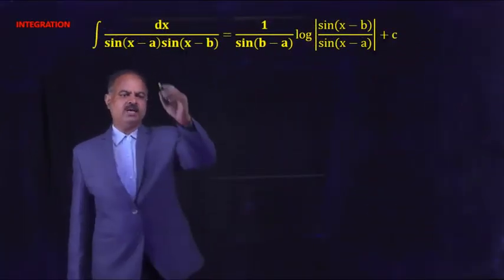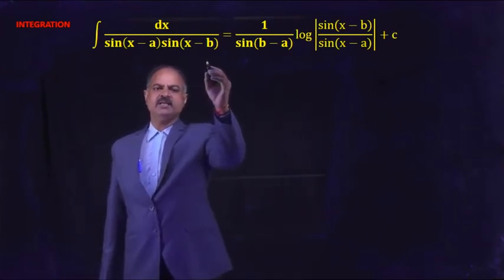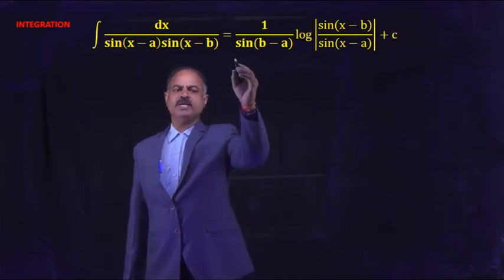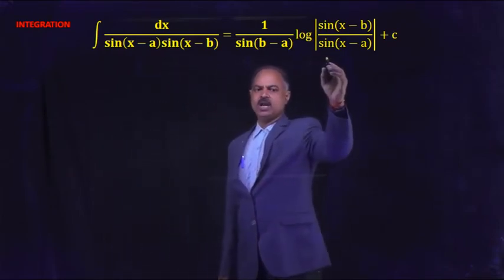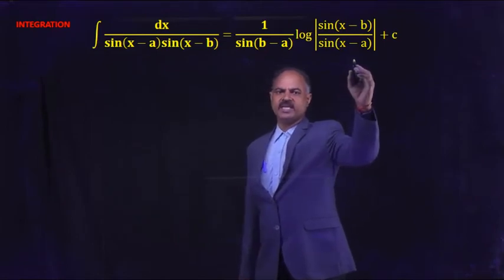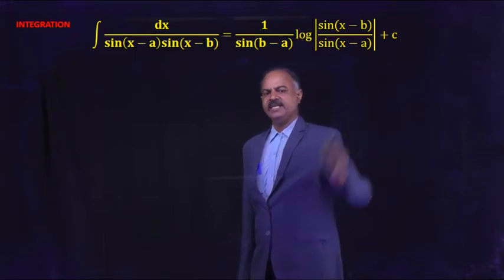Next formula: integral dx by sin of (x minus a) into sin of (x minus b) equals 1 by sin of (b minus a) into log modulus of sin of (x minus b) by sin of (x minus a) plus integration constant c.